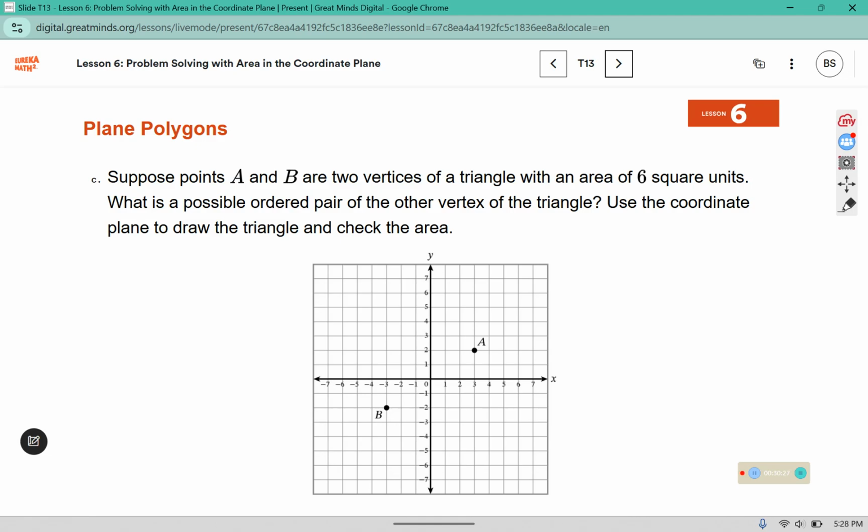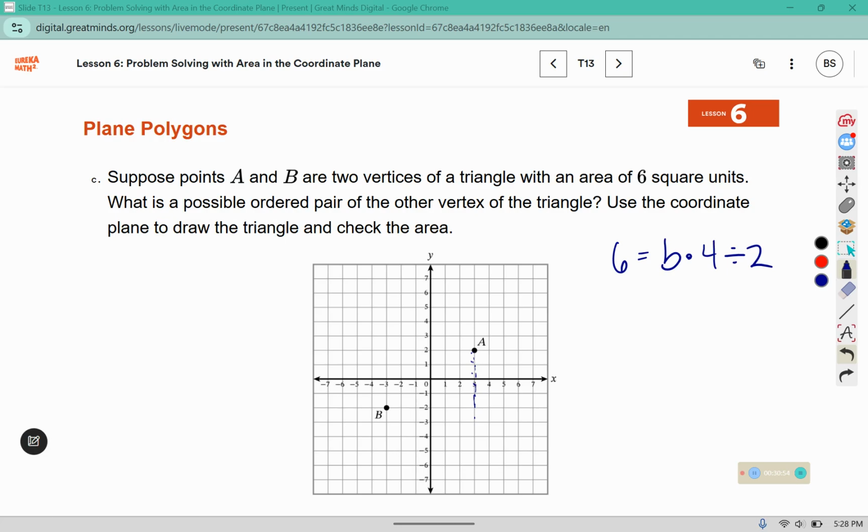Suppose A and B are two vertices of a triangle with an area of 6 square units. In the triangle, it's base times height divided by 2. We were told here that the area is 6. I can see here that if I was going to go how tall is it, this would be a height of 4.